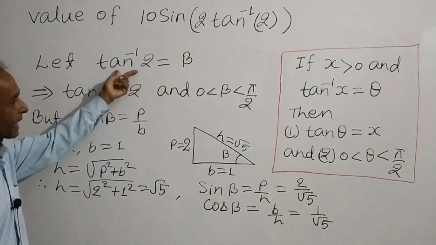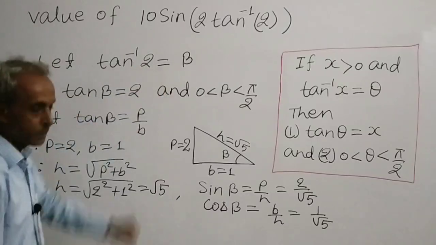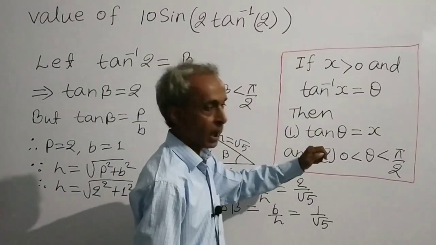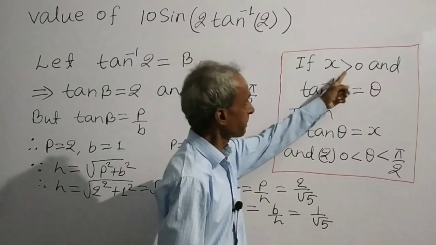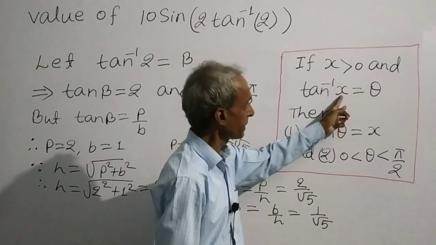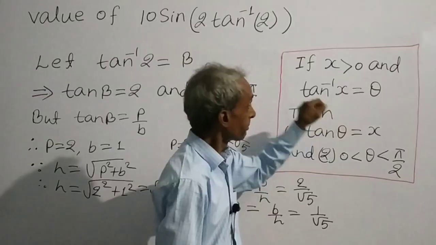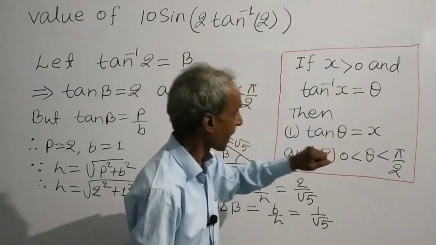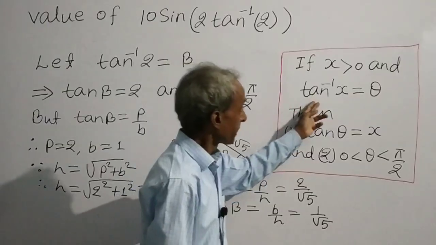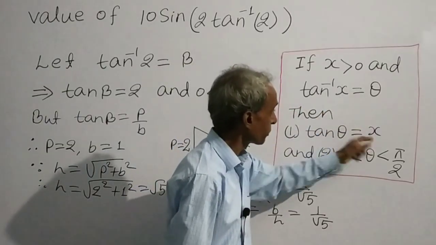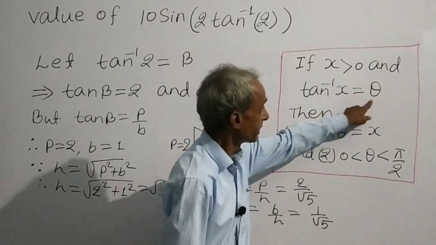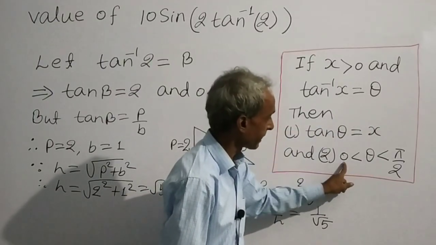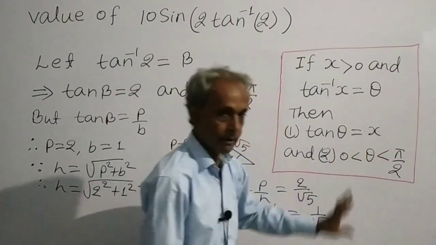We suppose tan inverse 2 is equal to beta. Now this is the formula: if x is a positive number and tan inverse x is theta, then tan theta is equal to x, and this theta lies in the first quadrant, greater than 0 and less than pi by 2.